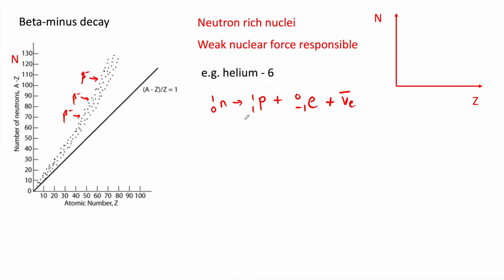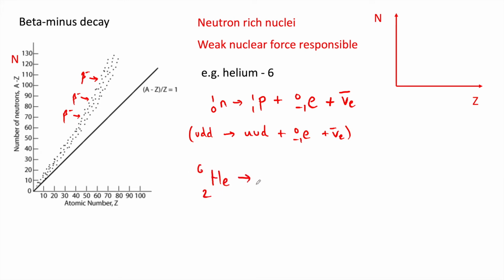Now we can look at this with quarks as well, because a neutron is an up, down, down, and that changes to an up, up, down, plus your electron, plus your anti-electron neutrino. So that is how you'd show it with the quarks as well. Now, helium-6 is an example that decays by beta minus radiation.